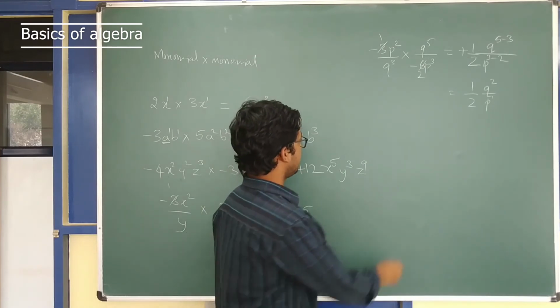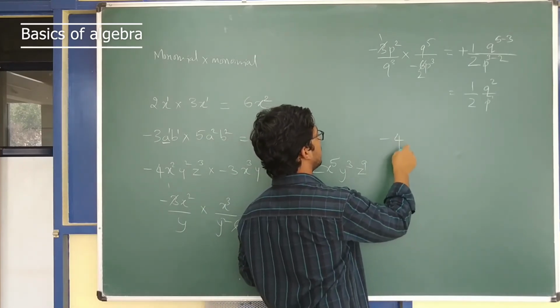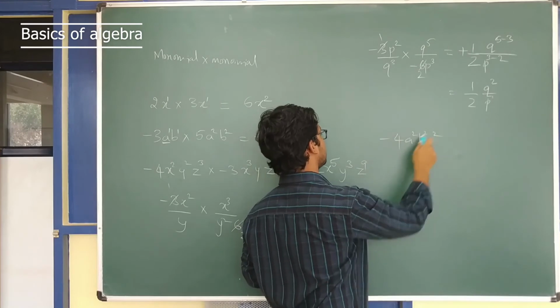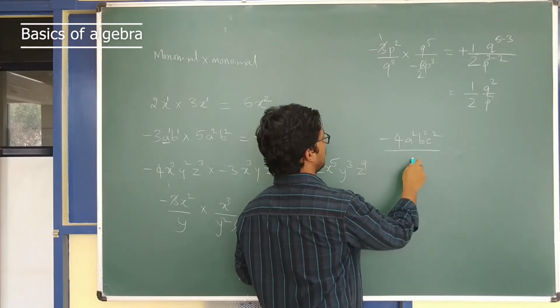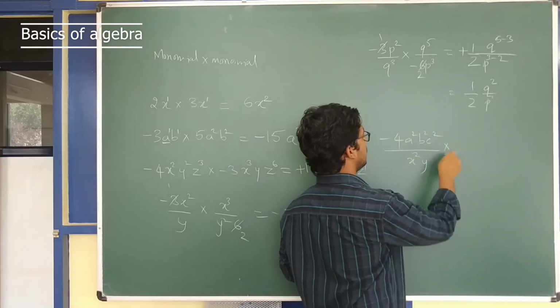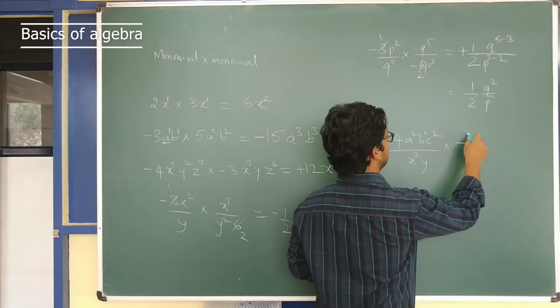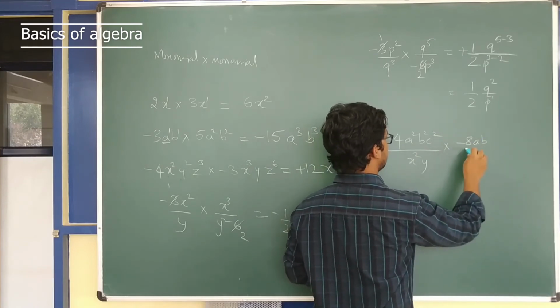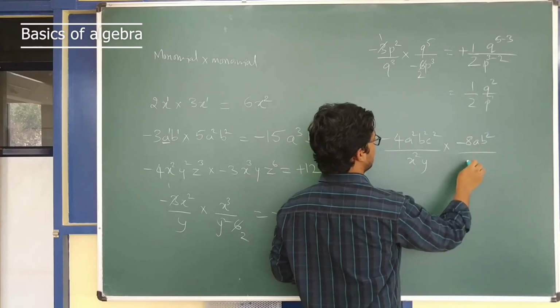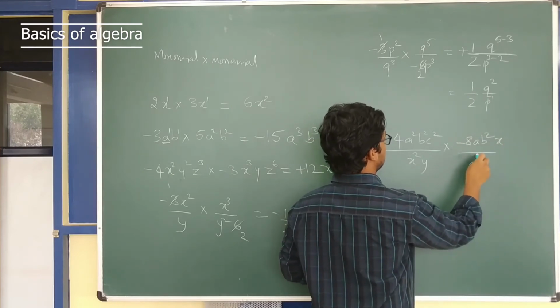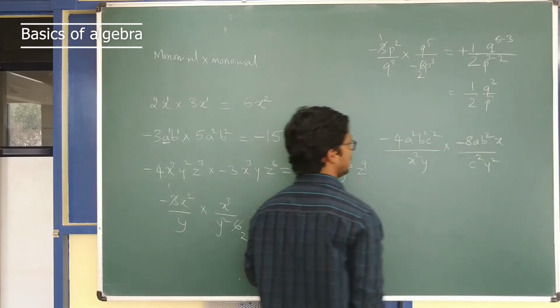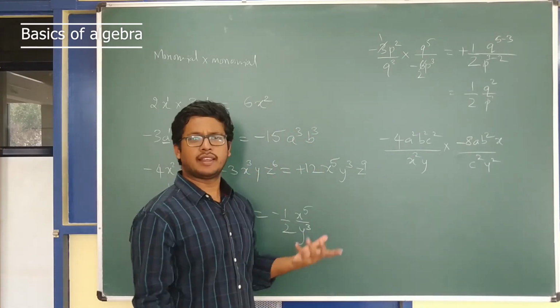Let's say one more example. Let's say minus 4a square b square c square divided by x square y and minus 8ab square divided by c square y square. It's again simple.